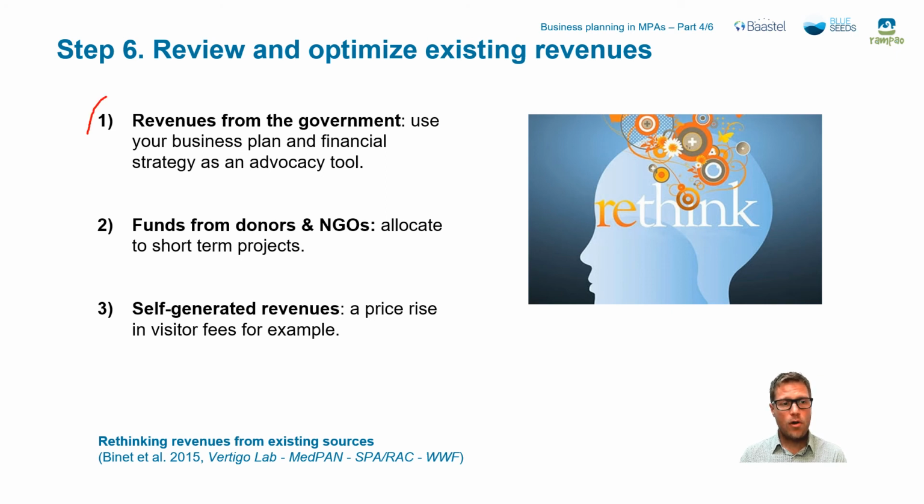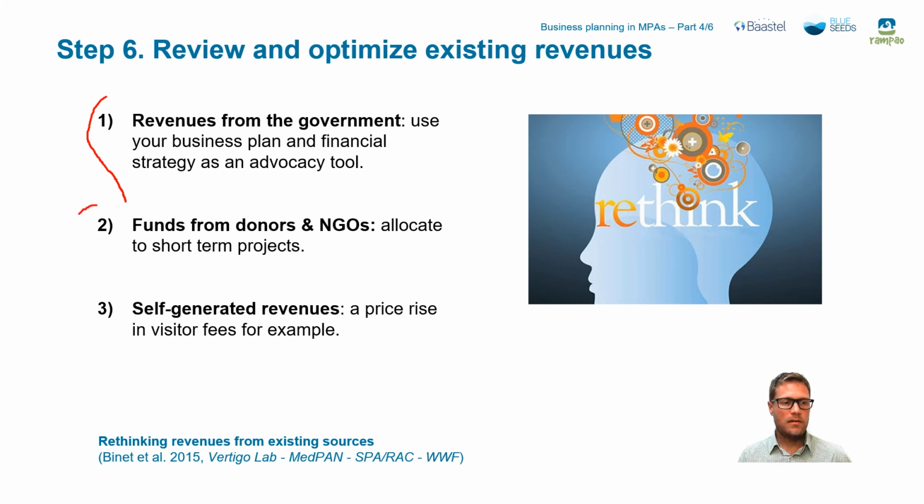Let's say you have revenues from the government. In order to increase these revenues, you will have to justify and advocate for the needs and benefits of your MPA. In this respect, the financial strategy you are developing and the business plan associated to it that you've calculated here are particularly helpful. A long-term financial strategy coupled with specific environmental objectives, as well as the demonstrated benefits of past activities, if you have any, can be powerful advocacy tools.